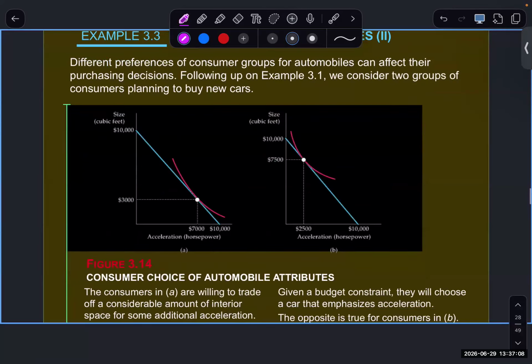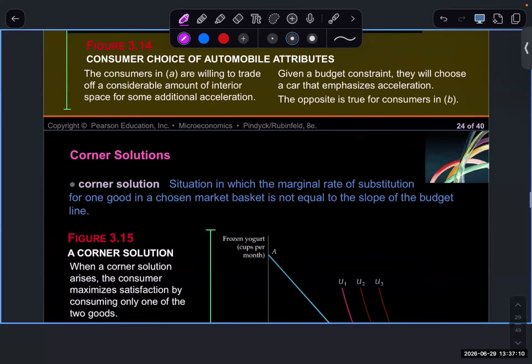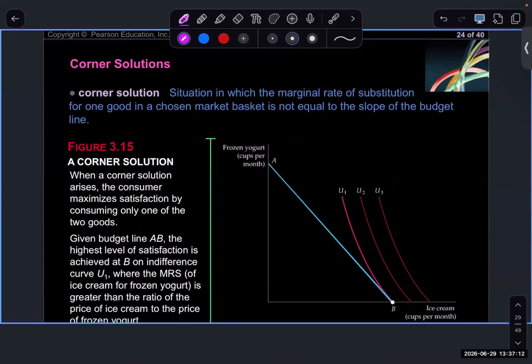For your reading only, for the example, let's see the corner solution. What is a corner solution? So I just told you that if the budget line is tangent to the indifference curve, we're gonna have the optimal consumption bundle. But in some cases, we're gonna have the corner solution.